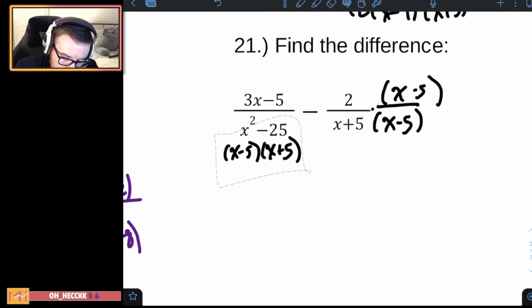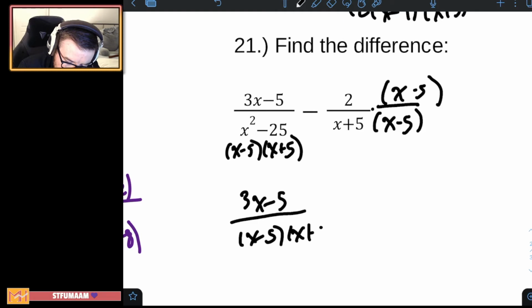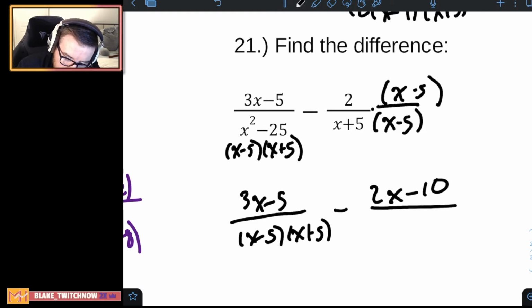And we end up with 2x minus 10 all over x plus 5 times x minus 5.